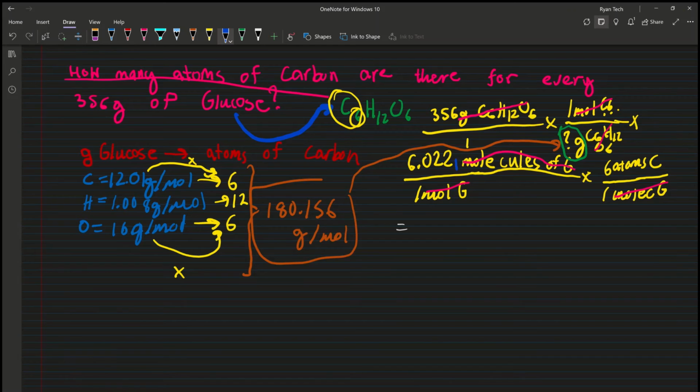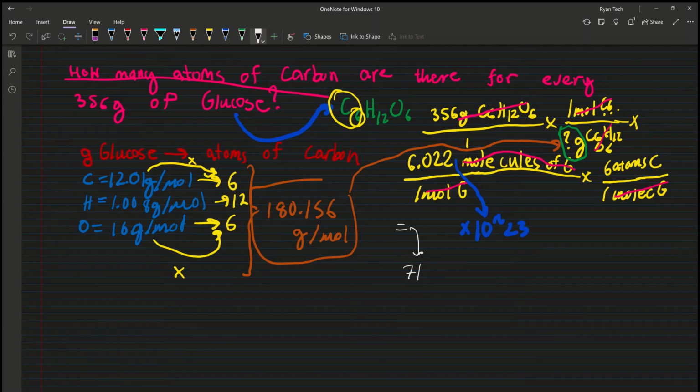It's actually 6.022 times 10 to the 23, or to the 23rd power. So then you're going to get times 6.022. It's going to be around 12, or I got 11.89. And then you're going to times that by 6. And you have your answer.